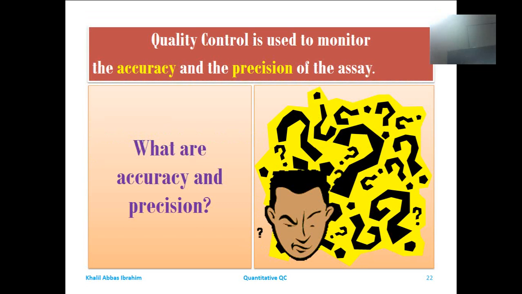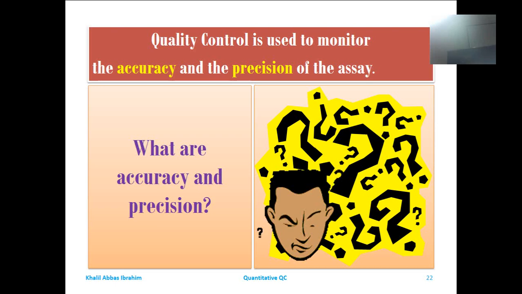Quality control is used to monitor the accuracy and precision of the assays. This is in the quantitative measurements in the laboratory. The quality control procedures in the quantitative services are performed to achieve and control both accuracy and precision.